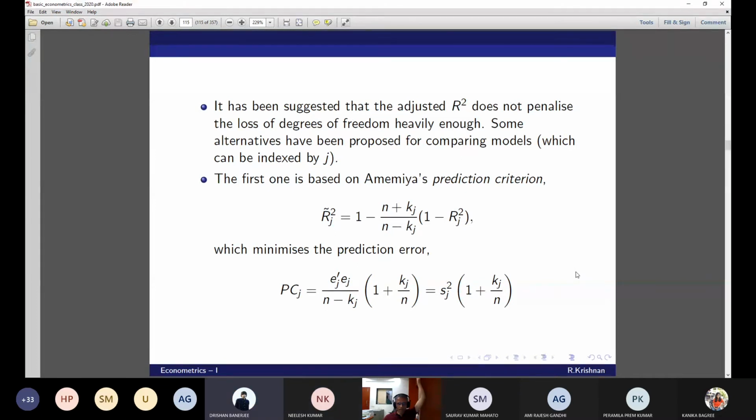Rj square will be the R square from the previous model, with one less variable than the six, the five independent variables I said. So he is giving a formula to calculate the R bar square from the R square of the smaller model. Can we say this?